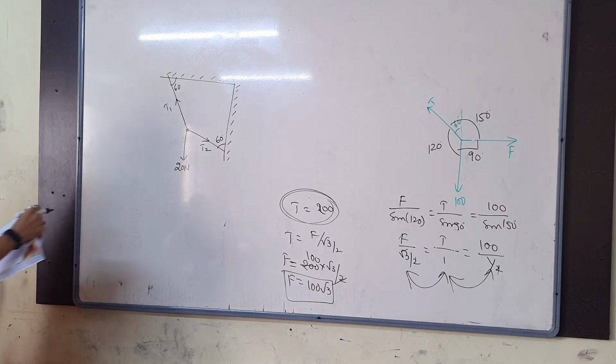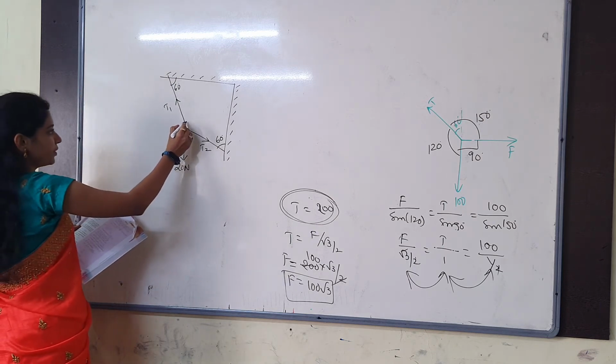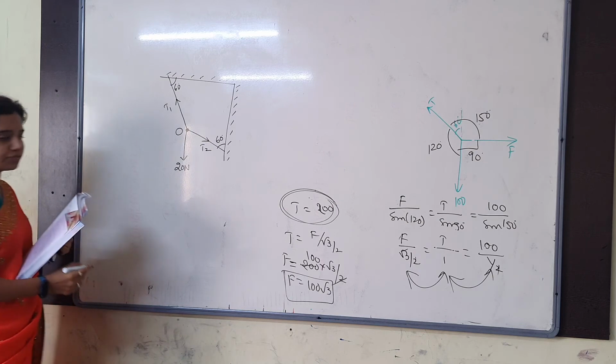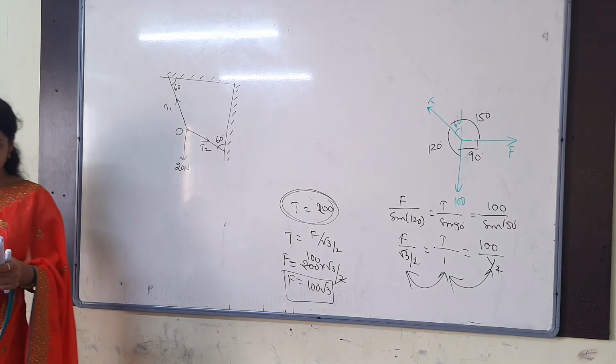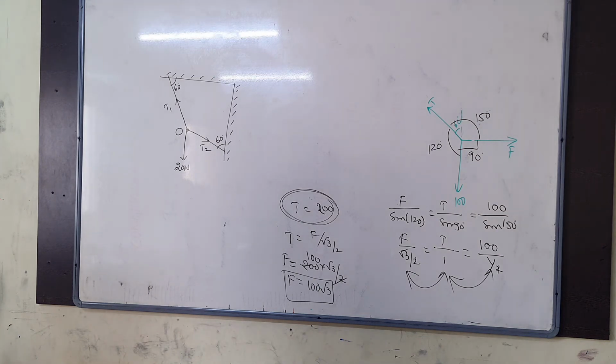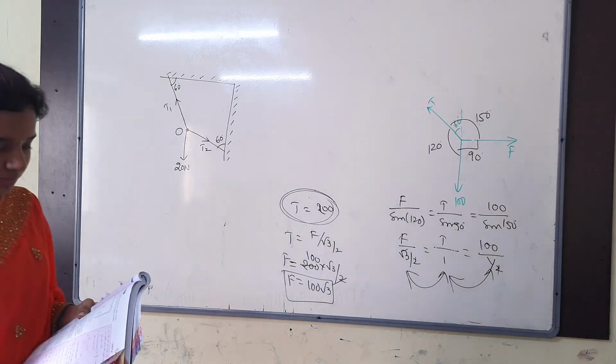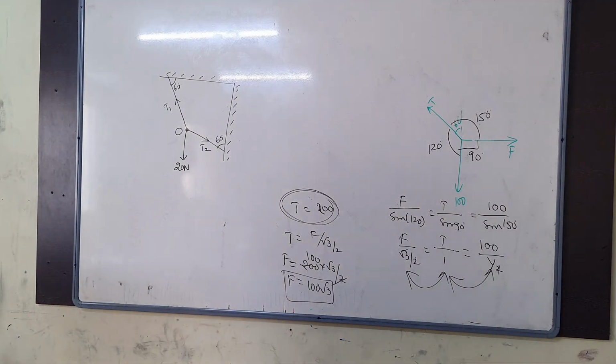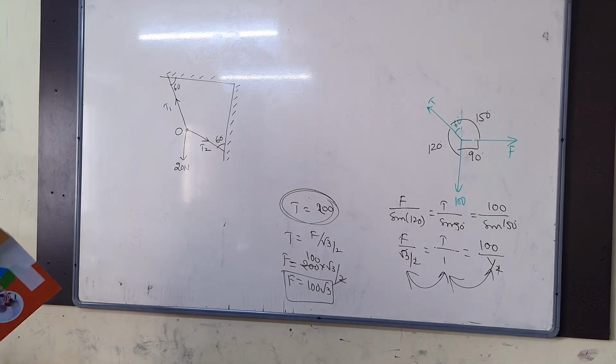If O is in equilibrium, then find the values of T1 and T2. Angles are given; you have to find tension 1 and tension 2.